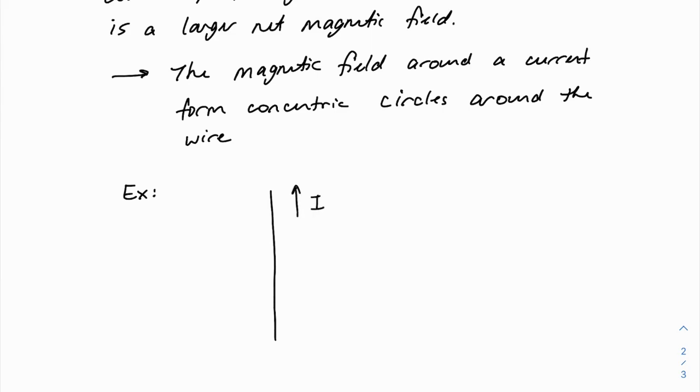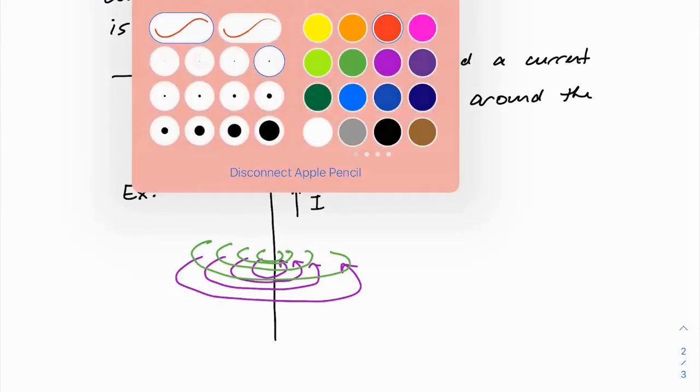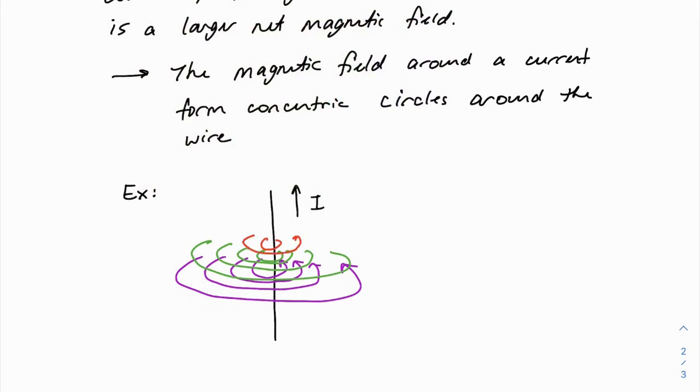When I say that the magnetic field forms concentric circles around it, the magnetic field lines physically go around the wire, and they go outwards. You could visualize it here and here, and I could go crazy with colors here, and they just go further and further out from the wire.